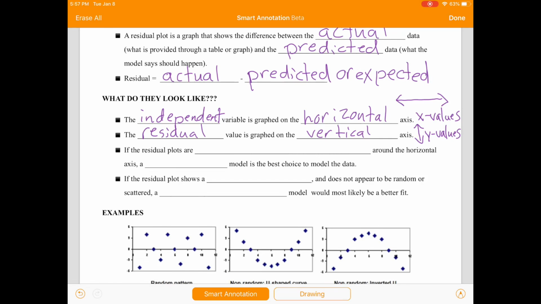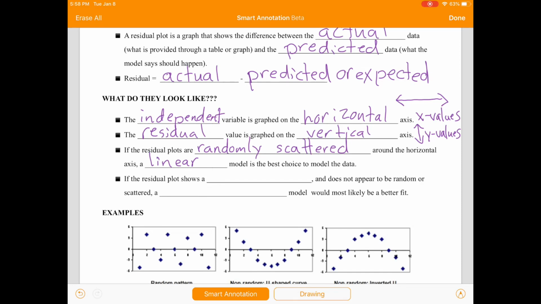So if the residual plots are randomly scattered around the horizontal axis, a linear model is the best choice to model the data.